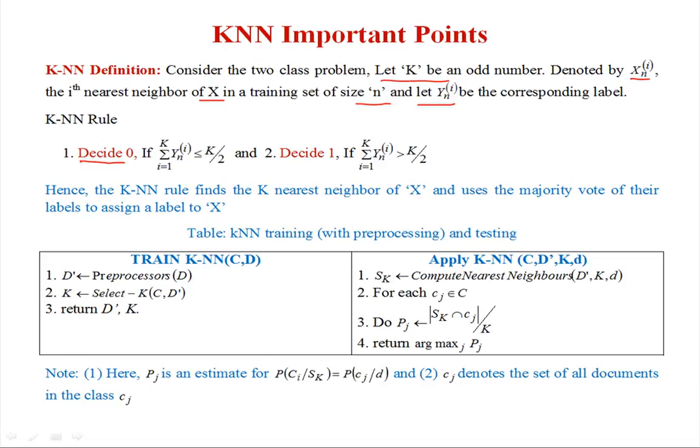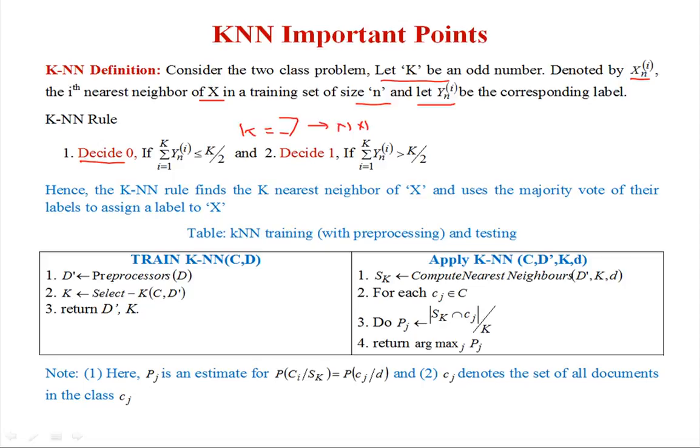Suppose y represents the yellow documents: if the number of yellow documents among the nearest neighbors of the given document is less than k by 2, where k is the number of nearest neighbors, k may be 3, 5, 7, etc. For example, we take the 7 nearest neighbor algorithm.